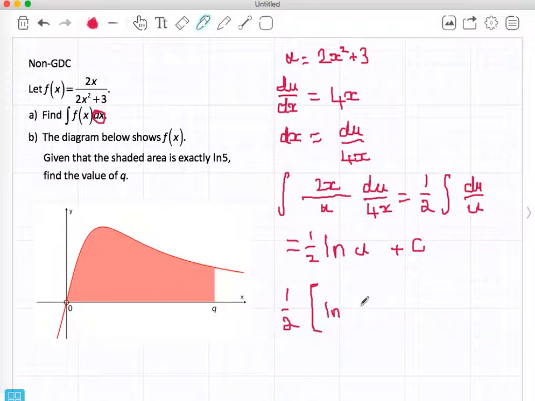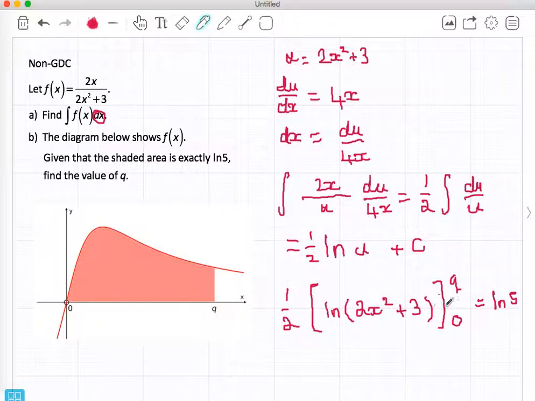It's log of 2x squared plus 3, because that's what the u value is. That's what I should have left as a final answer a minute ago. Between q and 0 equals log 5. Now I don't need the c because I've got limits.